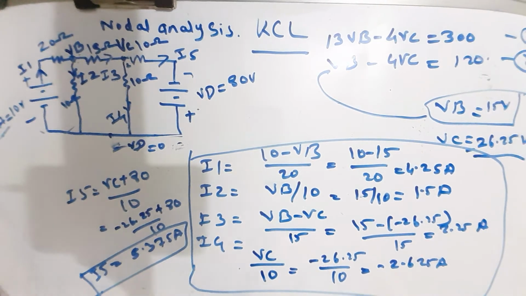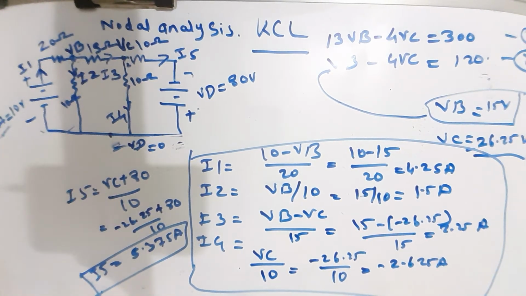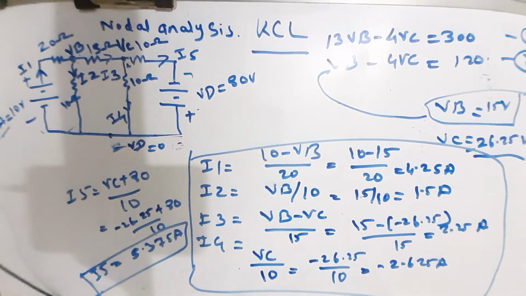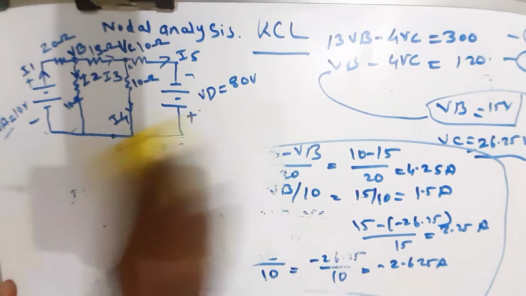So for this one it will carry for 10 marks or 5 marks. Okay. So here we will see the nodal analysis. So in this lecture we have to see how to apply the nodal analysis, the steps to solve the problem of nodal analysis, and how to find out the value of I1, I2, I3 and I5 using nodal analysis. Okay.